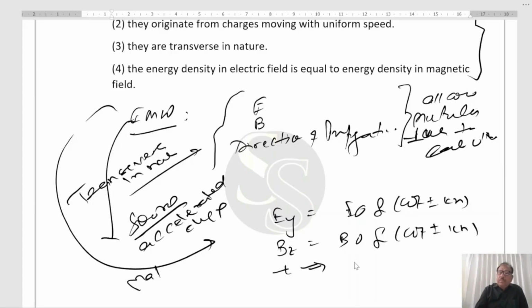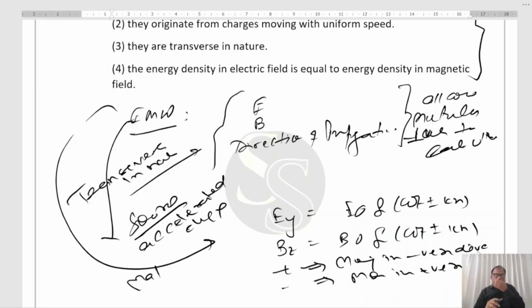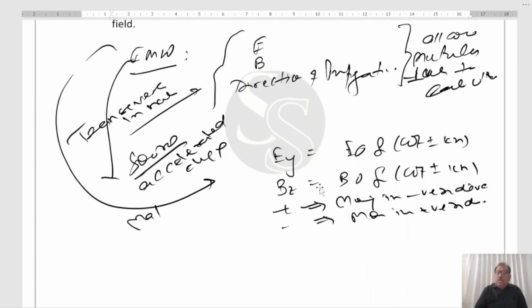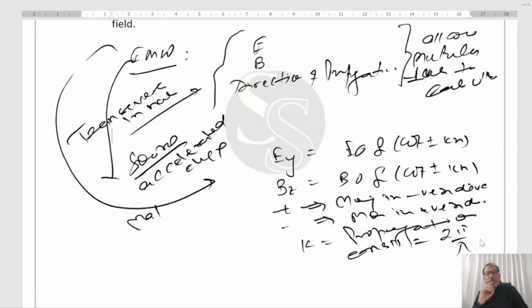The plus sign indicates moving in the negative x direction, and the minus sign indicates moving in the positive x direction. Right? Next. Where k is the propagation constant, equal to 2 pi by lambda, where lambda is the wavelength.